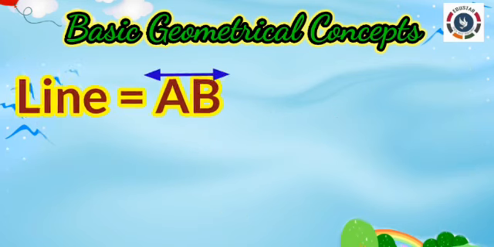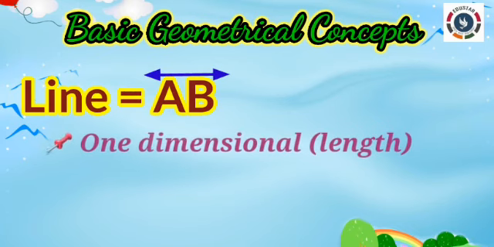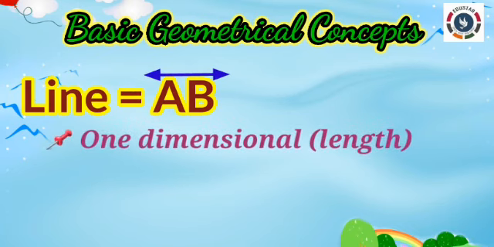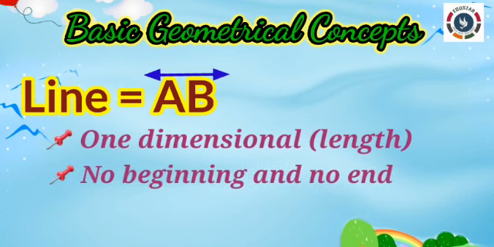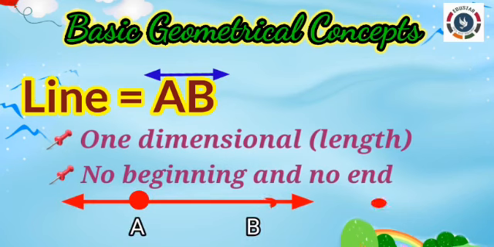Next, line. A line has one dimension, that is length, but no beginning and no end. We express a line by an overbar with arrowheads at each end over 2 letters corresponding to points on the line.